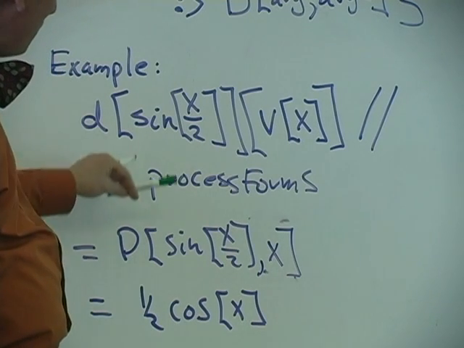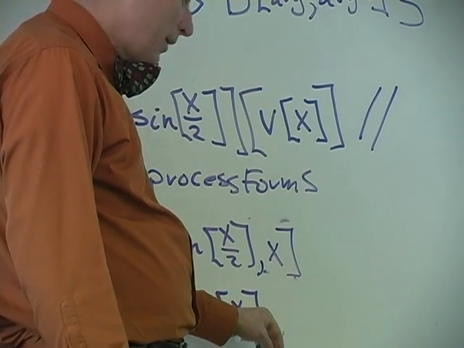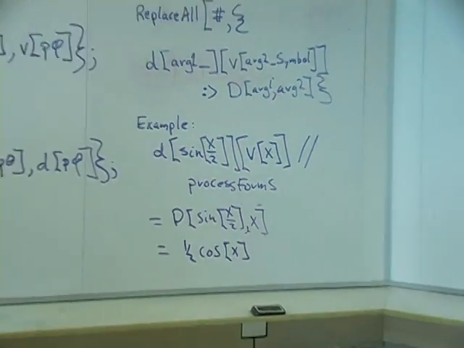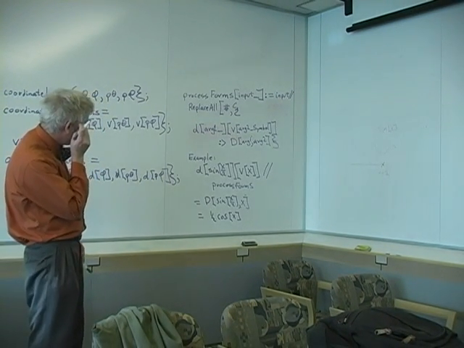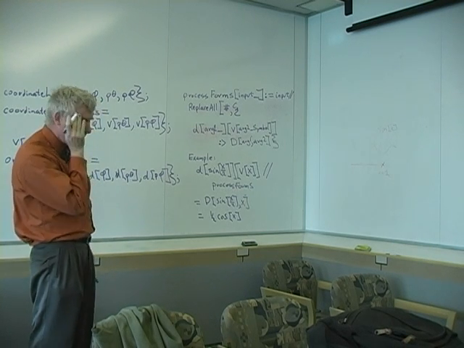And at the point labeled by x, the number that it returns is 1/2 cosine of x. So now, given any point on the manifold, we can evaluate this one form and this vector together and get a number.